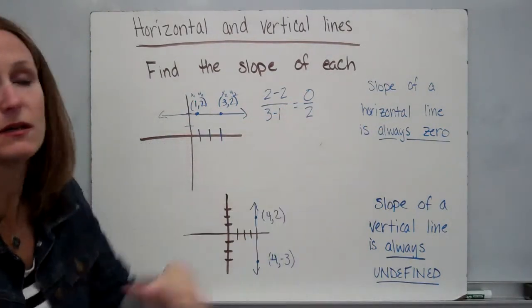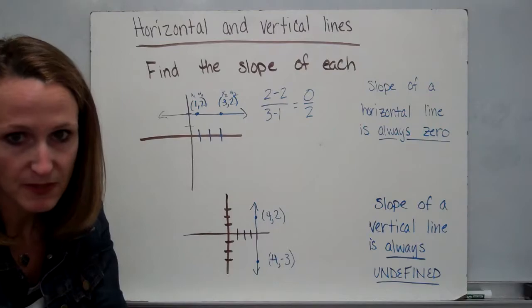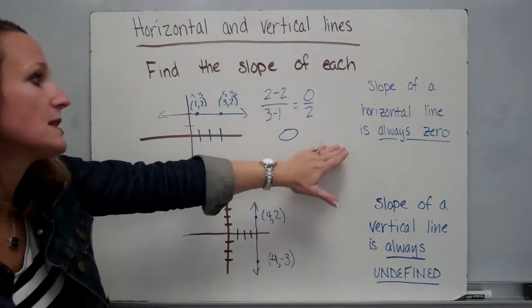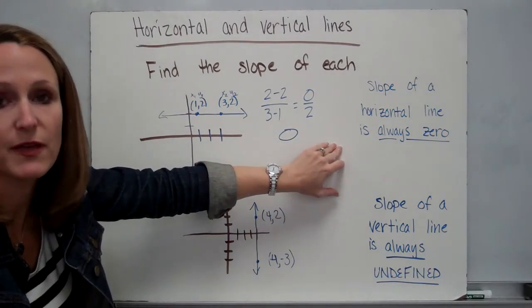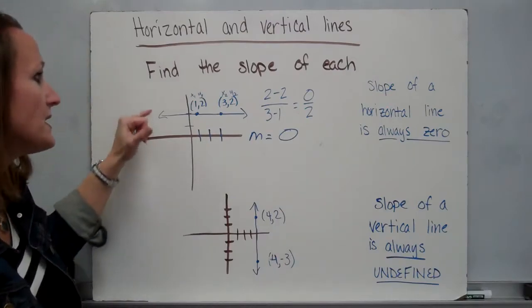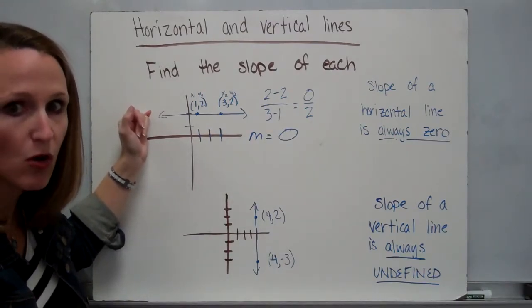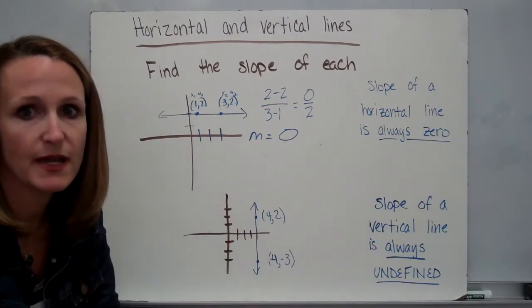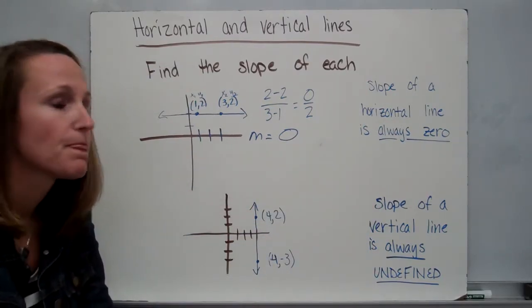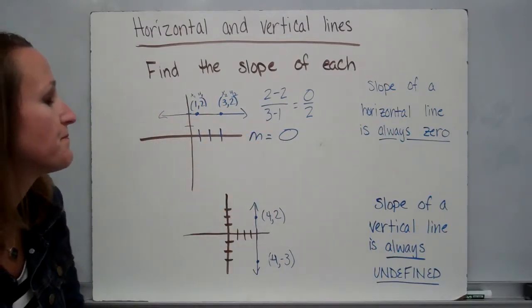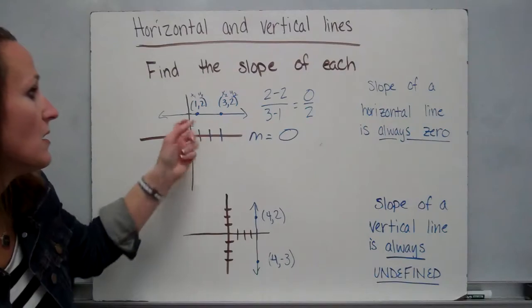So when I get the 0 on top of a fraction or on top of a division problem, the answer is always 0. So therefore, we can say that the slope of our horizontal line is always going to be 0. And if you look at it, there is no rise. It's all run. So that's why it's 0.